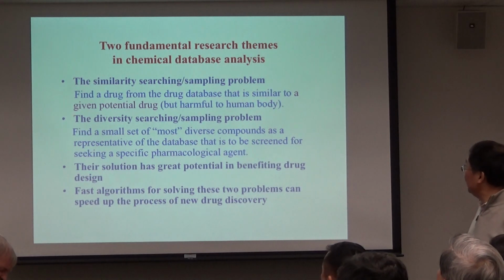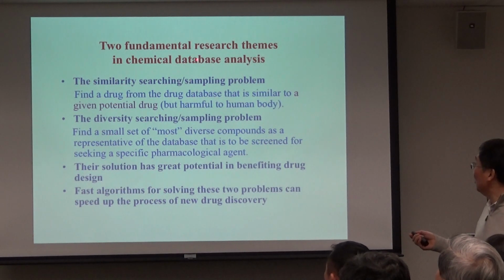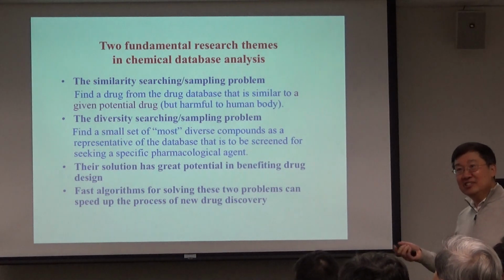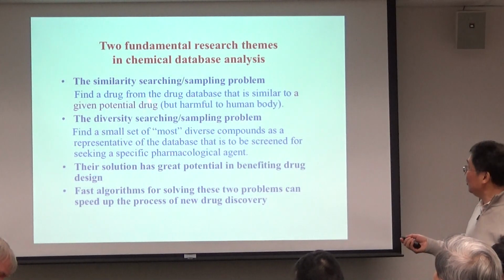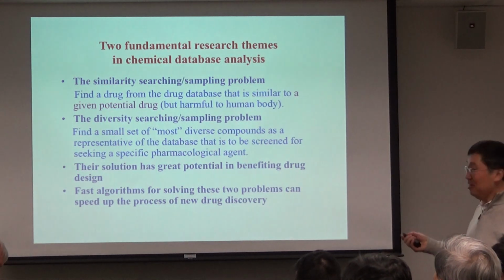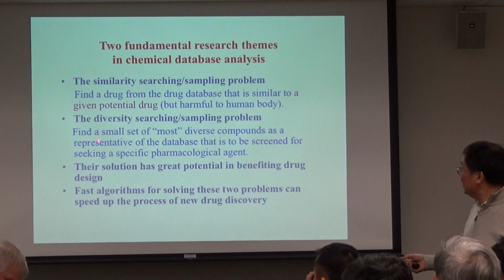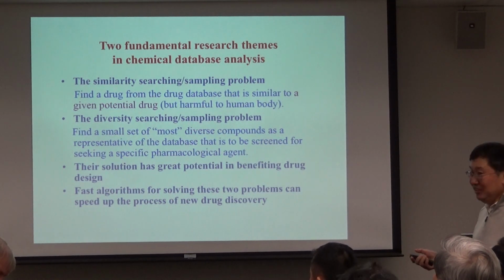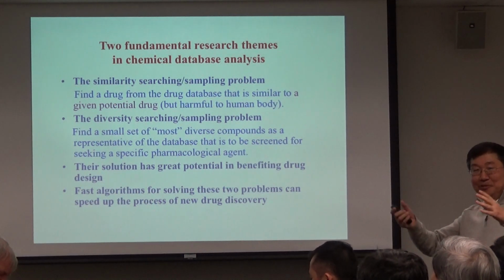So let me say what the fundamental research problems are for chemical database analysis. I think this is common for any database. We have to work out such problems. The first one we call the similarity search problem, or similarity sampling problem. The second is diversity searching, or diversity sampling. Of course, there is some difference. Sampling goes to statistical approaches, where you have to pick a set of samples.